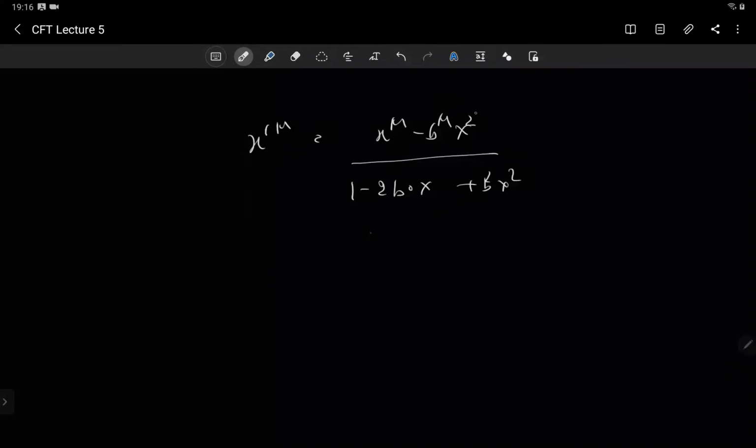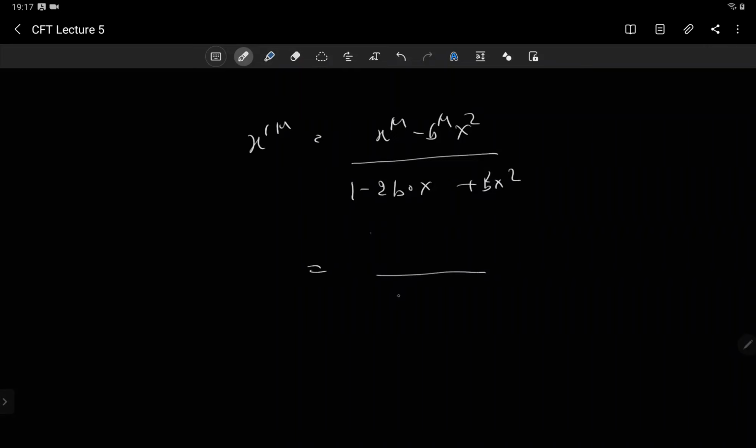The only thing that will change for Euclidean and Lorentzian is that the meaning of b dot x, x square and b square will change. So in the case of Minkowski, it will have one minus sign, and in the case of Euclidean, it will have all plus sign or all same sign. That is the only difference. Other than this, the formula is true for both Lorentzian and Euclidean. Just the definition of b dot x, x square and b square will change. So the point was that this transformation.